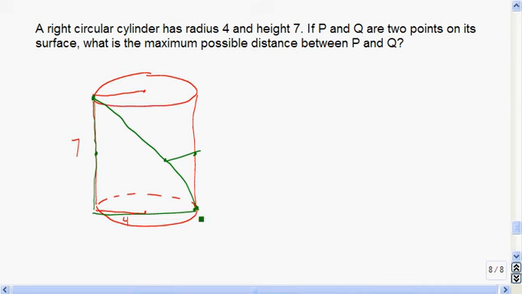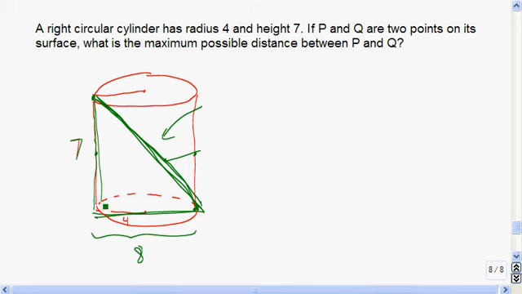the length of the hypotenuse of that right triangle is going to be the maximum distance between P and Q. Well, the triangle goes along the base of the cylinder. Since the radius of the cylinder is 4, the length of this triangle is going to be the length of the diameter, and that's going to be equal to 8. The height of the triangle is just the height of the cylinder, so that's 7.